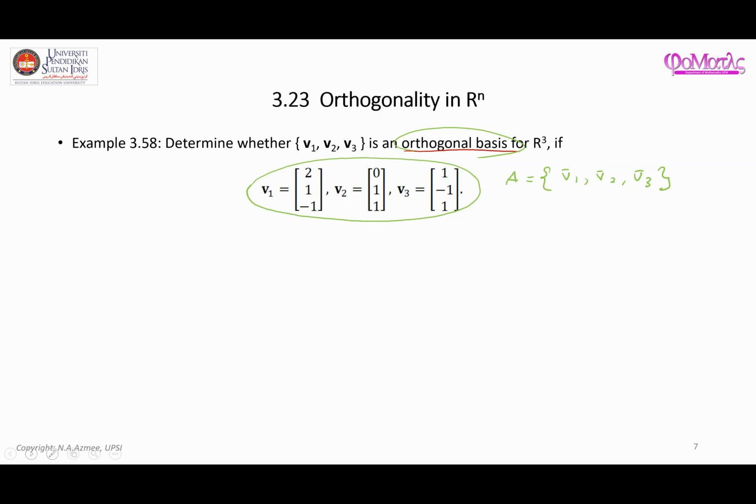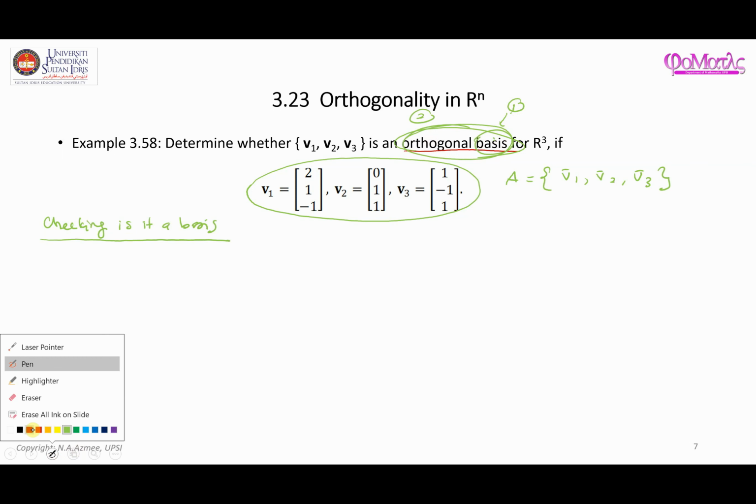Now we are going to start off with checking: is it a basis? In order to be an orthogonal basis, first it has to be a basis, and then we need to check whether the basis is orthogonal or not. So we're going to check if it is a basis, and there are two parts.